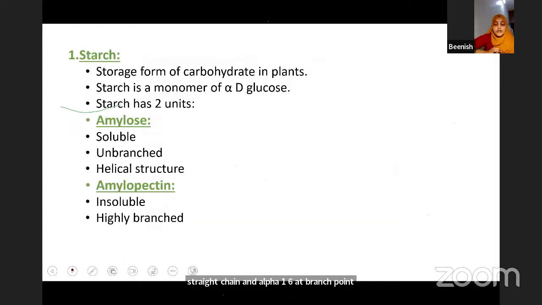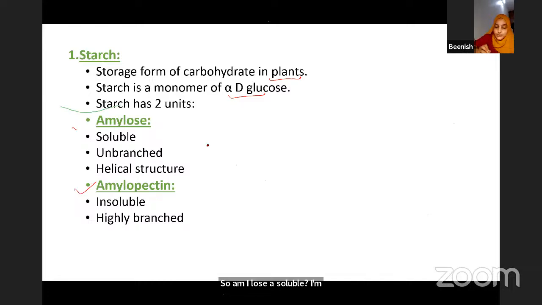Now, starch is another biologically important carbohydrate. It is the storage form of carbohydrate in plants. Okay. So, starch is a polymer of alpha D glucose, and it has two units, amylose and amylopectin. Amylose is soluble, unbranched, and has a helical structure.